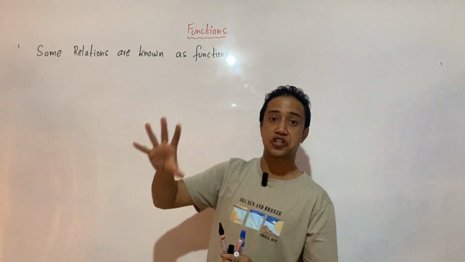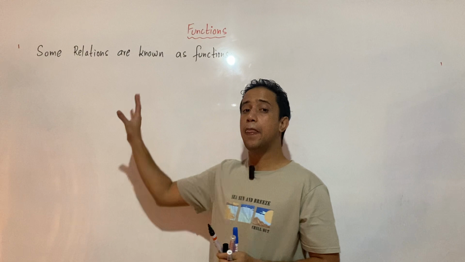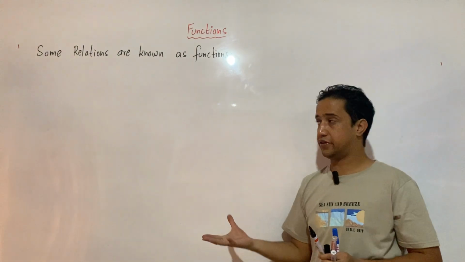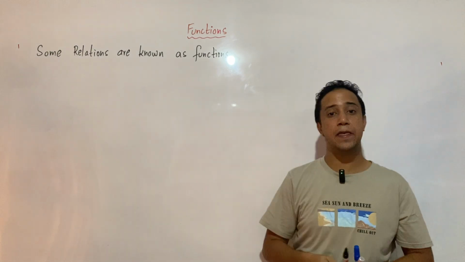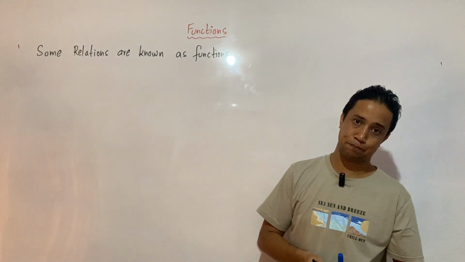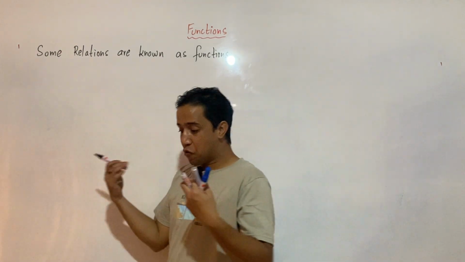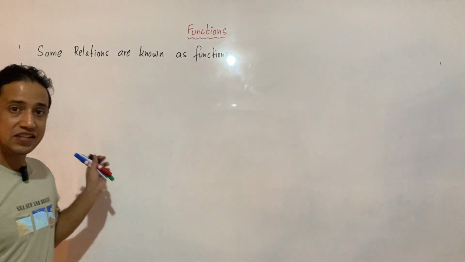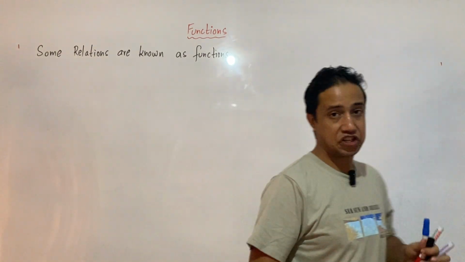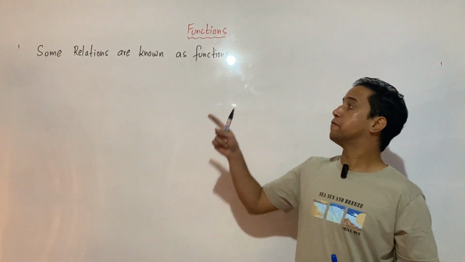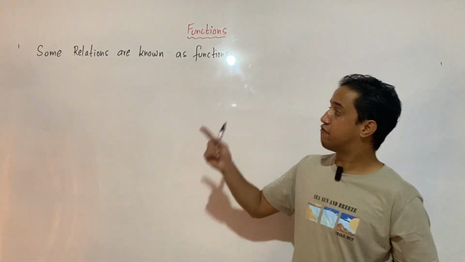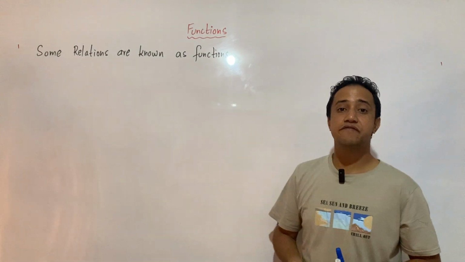If the relation satisfies that condition, then we call it a function. If the relation does not satisfy that condition, then it is not a function. So we will try to analyze those conditions which are required in order for a relation to be a function.